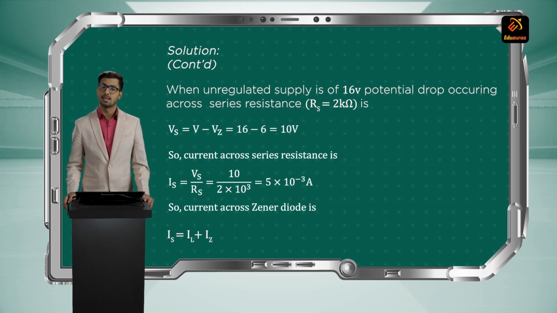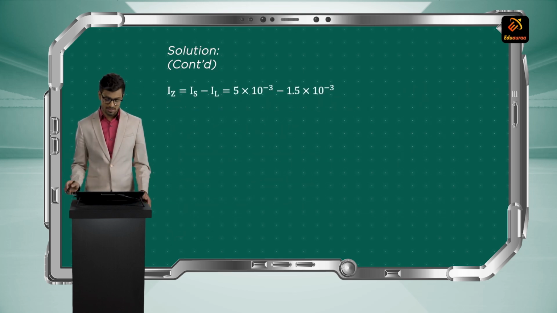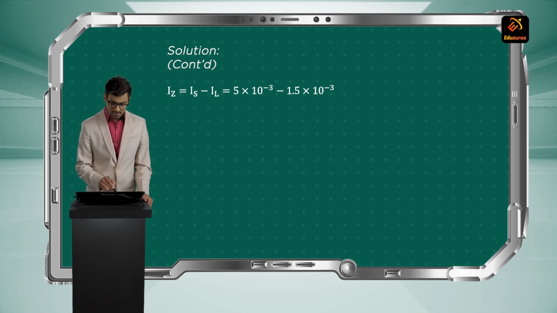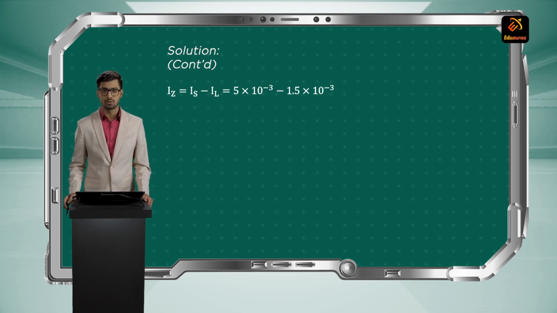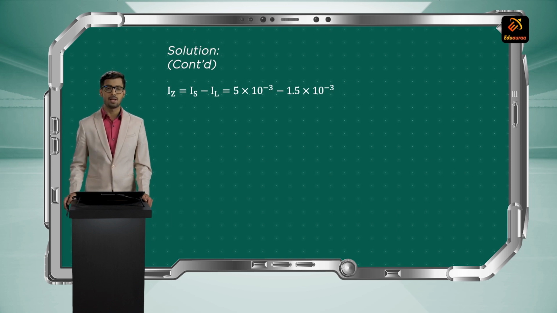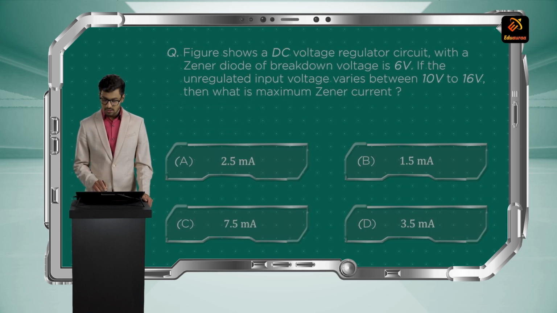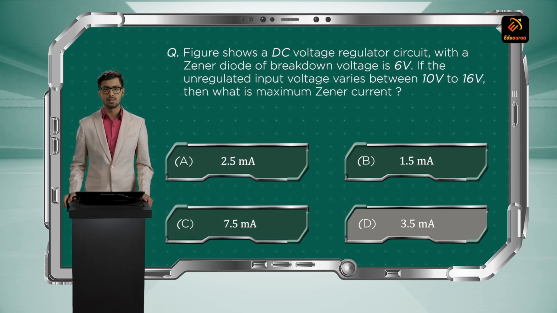But what we want is Iz, so Is minus IL equals Iz. We know Is is 5 into 10 raised to minus 3, and IL is 1.5 into 10 raised to minus 3. If we take the difference, the value of Iz comes out to be 3.5 into 10 raised to minus 3 ampere. This is option D. So option D is the correct answer.